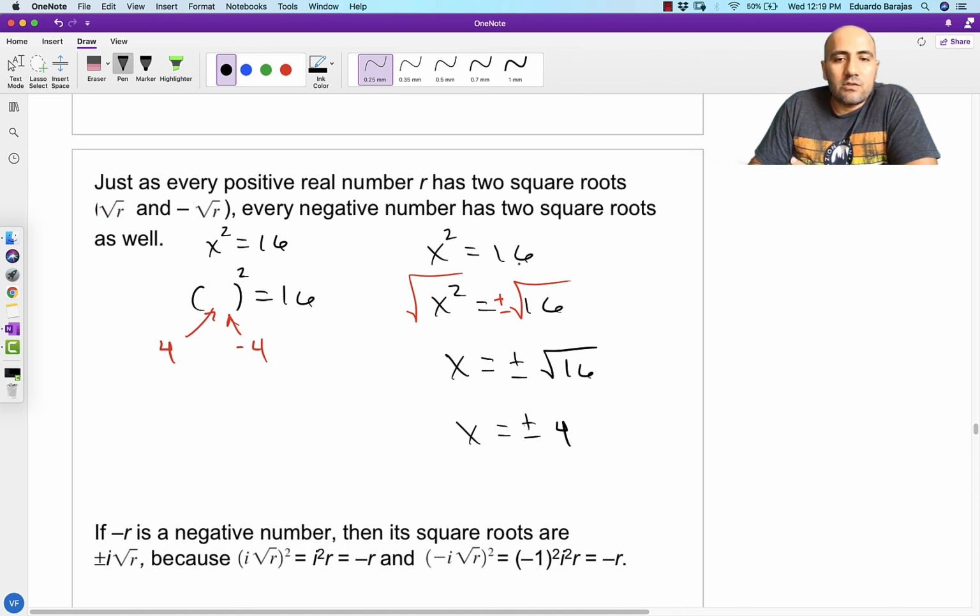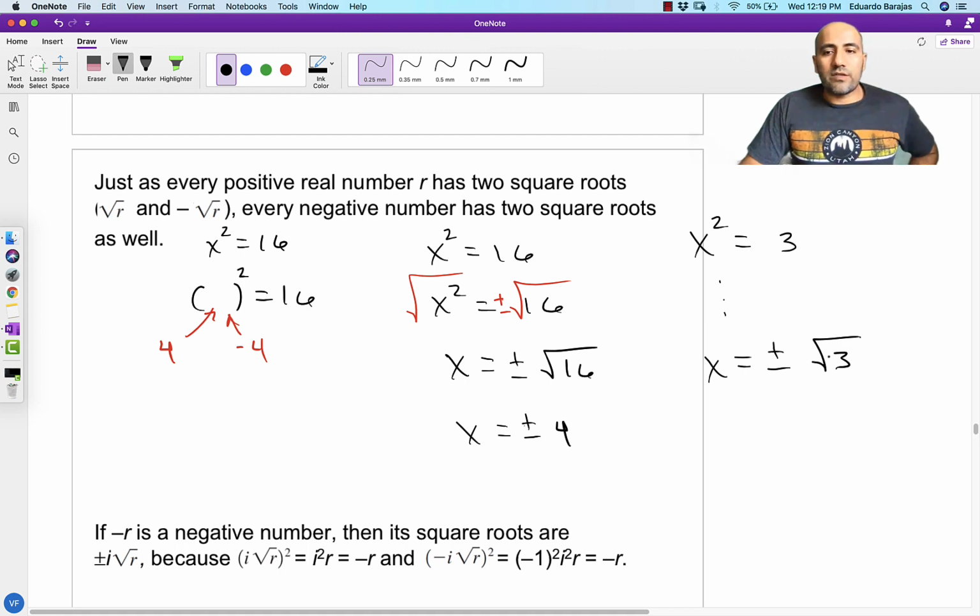But that's just because this happened to be a nice perfect square. This process works even if we don't have that. So if we have x squared equals 3, for example, we would still do the same thing, and we'd end up with x equals plus or minus the square root of 3. Right? And we would just leave it like that, unless you want to use your calculator to turn it into a decimal approximation.